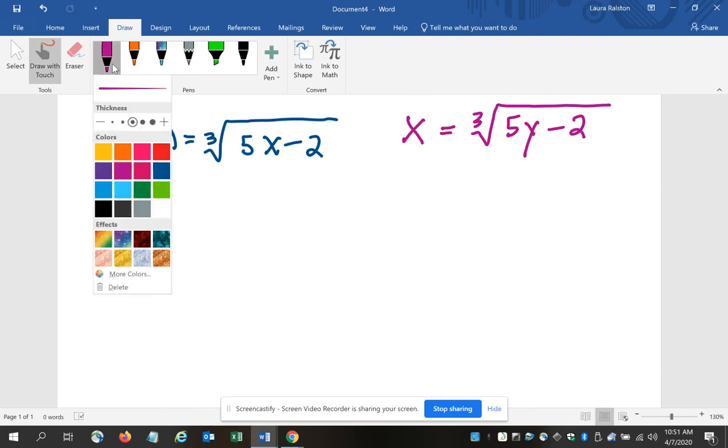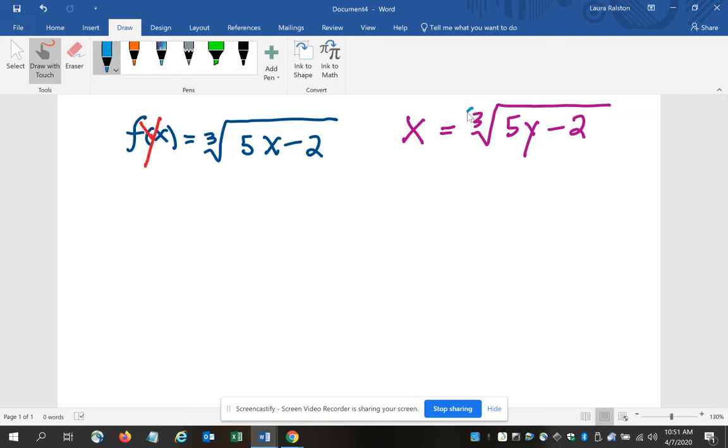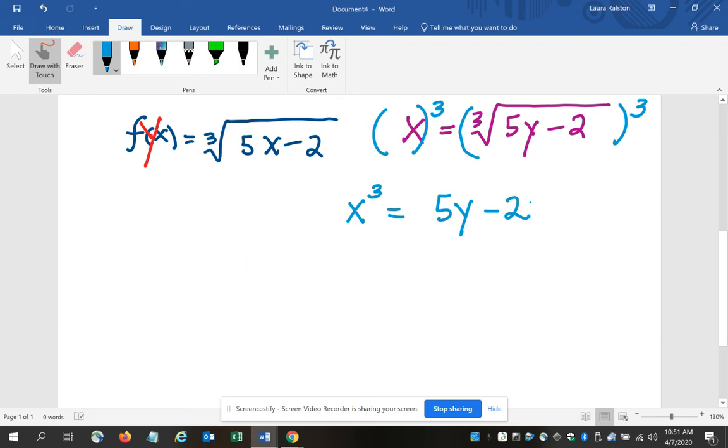And then ultimately, I've got to solve that expression for y. So the first thing I'm going to do is get rid of this cube root. We undo the cube root by cubing. So I have to cube both sides so that I have x cubed equals 5y minus 2.